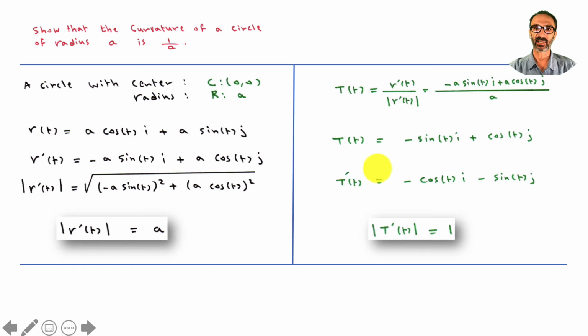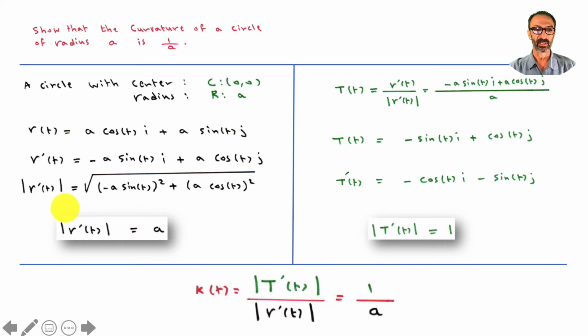This is side work for the formula. The formula is the curvature is the magnitude of the derivative of the unit tangent vector, divided by the magnitude of r prime of t, which is, this is in green, 1, and this is the black, a came from here.